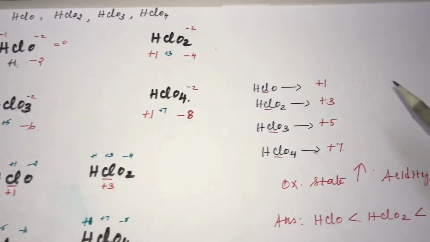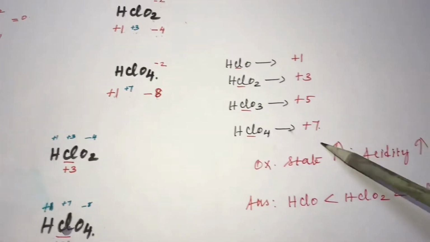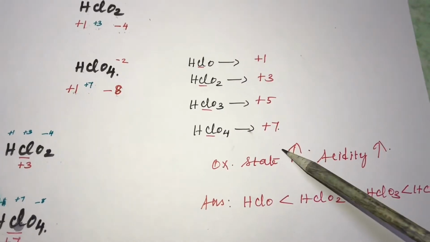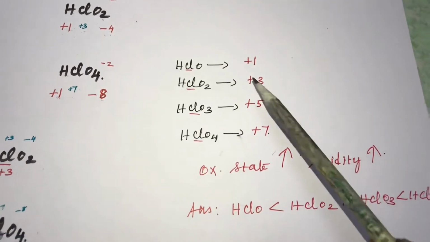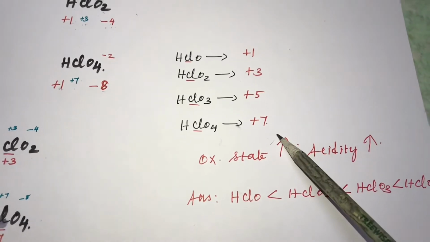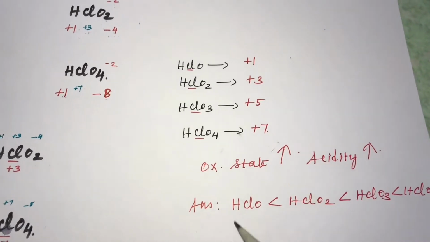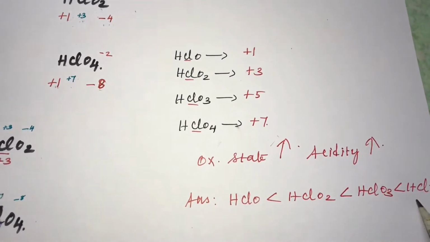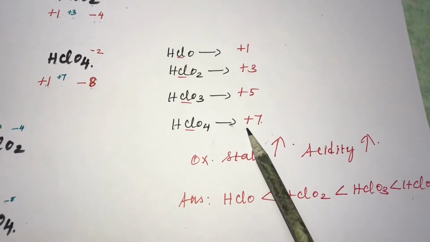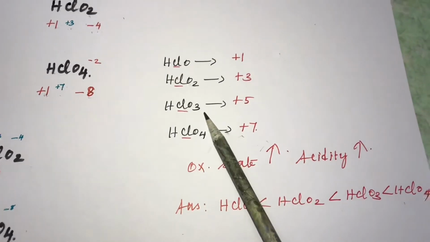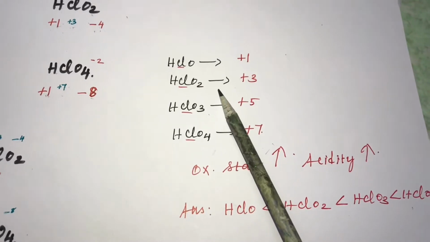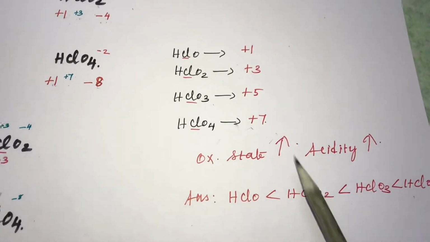So as the oxidation state increases, acidity also increases. Which one will be more acidic? HClO4 is more acidic than HClO3, then HClO2, then HClO.